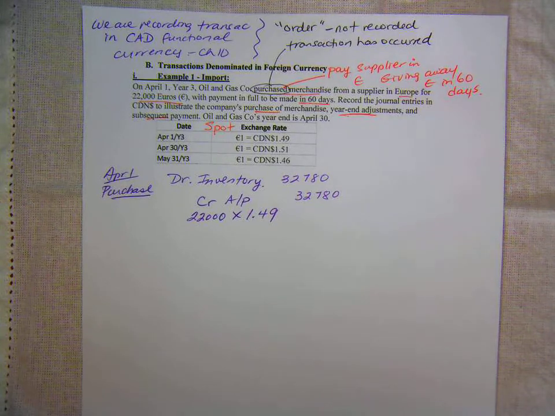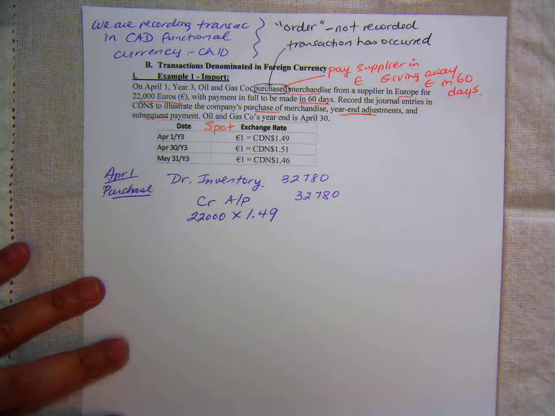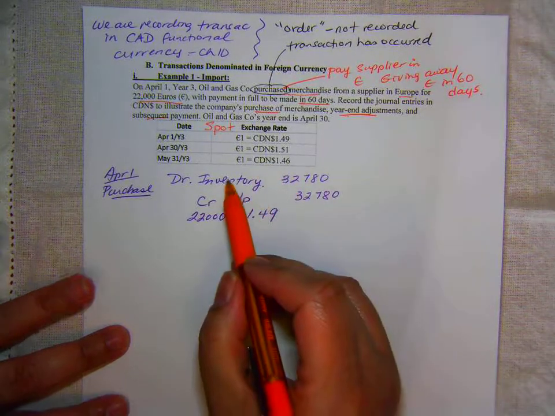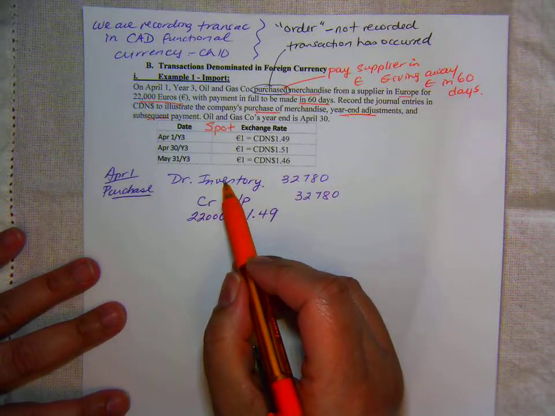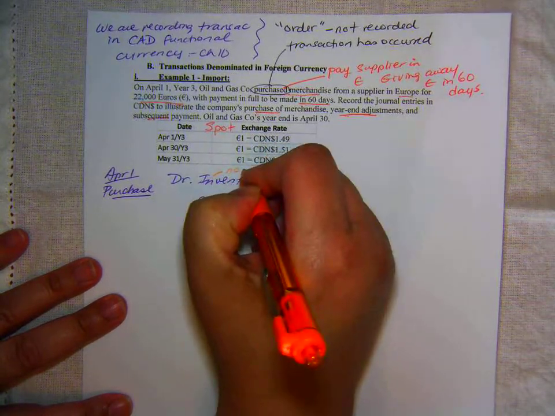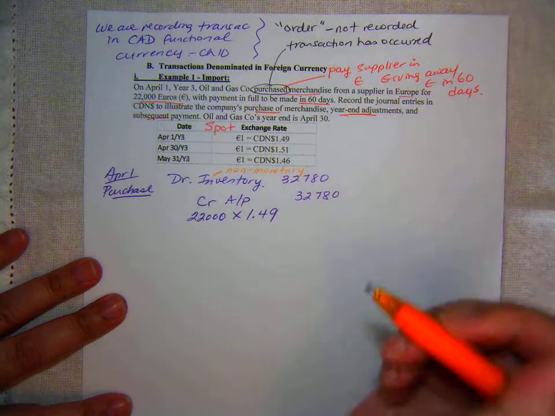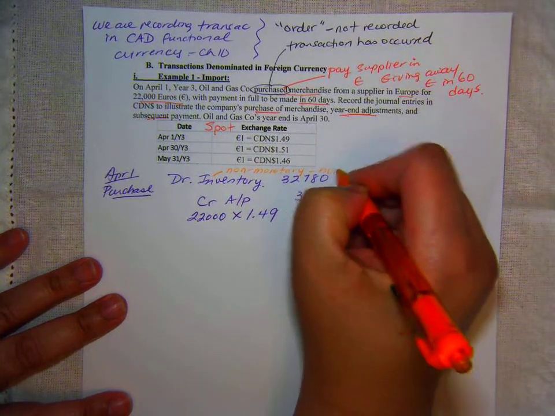First thing I want to look at: I want you to think which is monetary and which is non-monetary. Is inventory monetary or non-monetary? Well, there's no right to get cash, so this is non-monetary. No adjustment later.